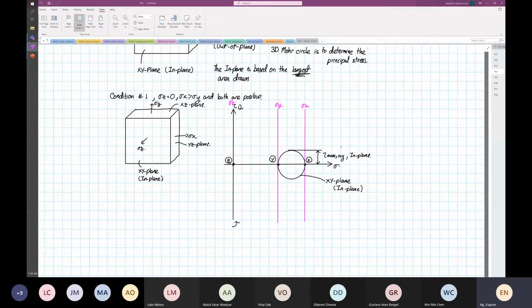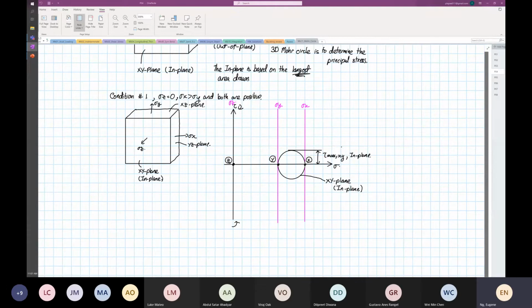So like what we have done before, we always just do XY, yes or no, right? We just do XY. And I want you to watch this, okay? At point Z, our stress is equal to 0. I highlight again, at point Z, our stress is equal to 0, okay? So in 2D Mohr circle, we only draw this.